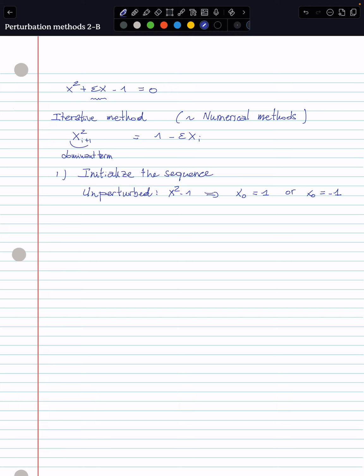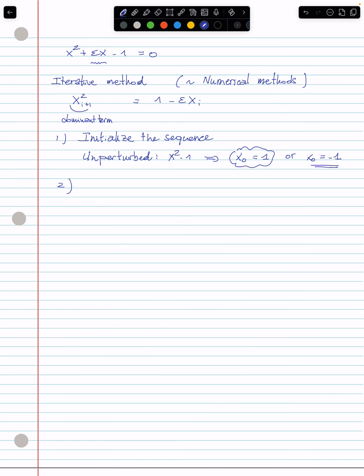I'm going to just pick this as a start for the following derivation, just to illustrate how it works. But of course, you could do the same, and it's left as an exercise if you wish to work a little bit on that, and have another example for you. You could start from the other value, x0 is equal to minus 1. And then we just iterate. That's just easy as it is.